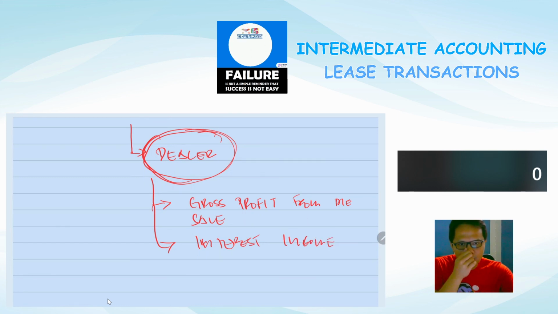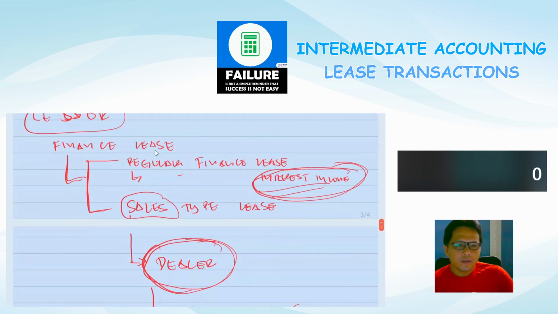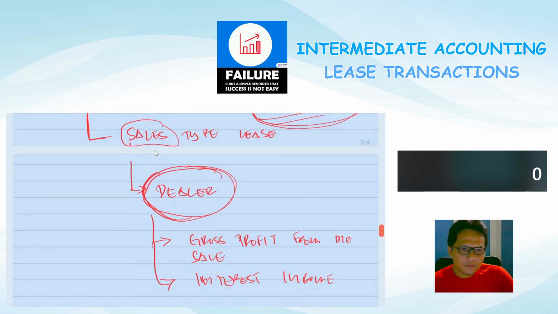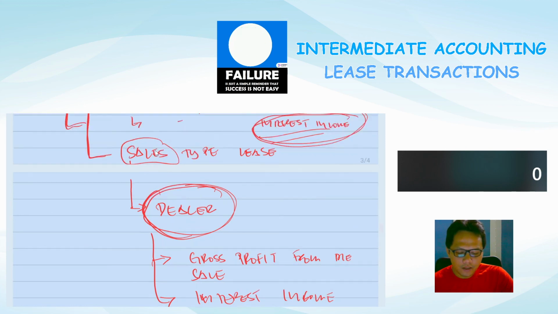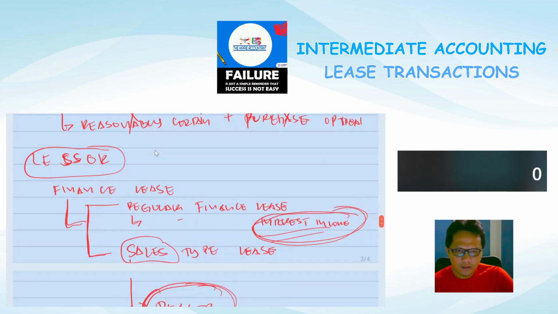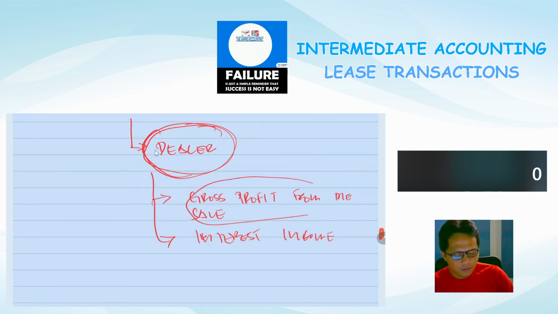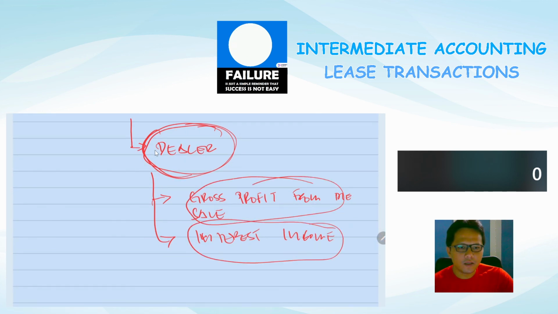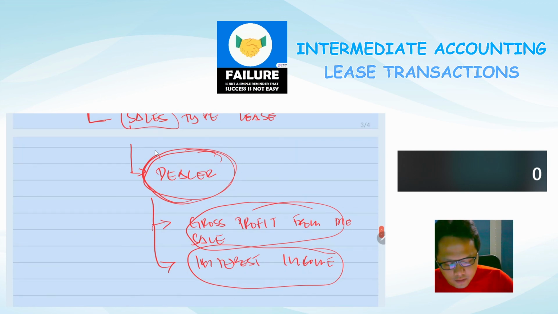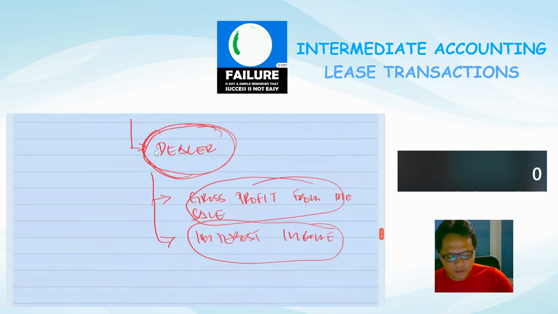So later on, we will have examples showing how we do accounting with these transactions, no? Now, the main problem natin dito pagdating sa lessor is that number one, how do we compute for interest income? And how do we compute for gross profit and also interest income pag sales type lease? Okay? So, remember this.